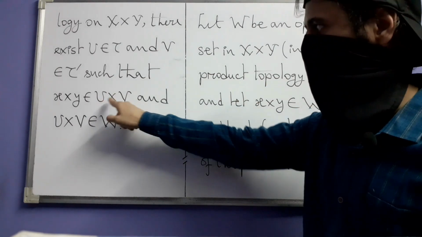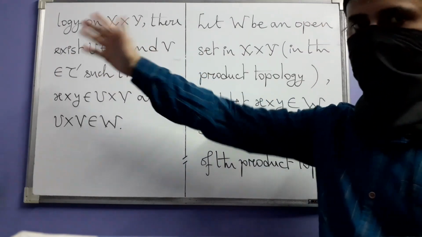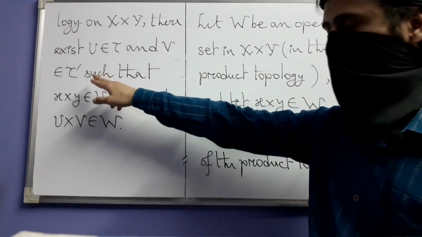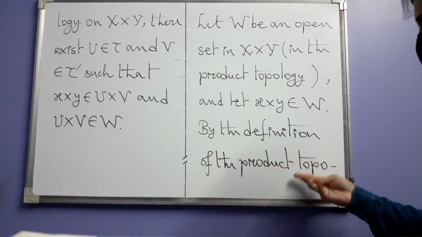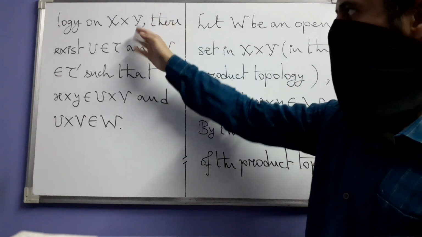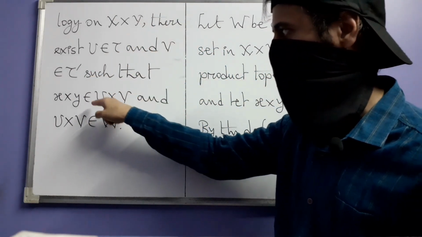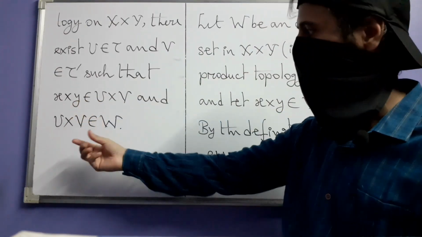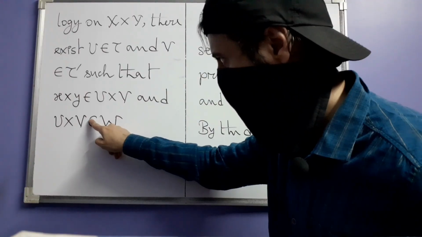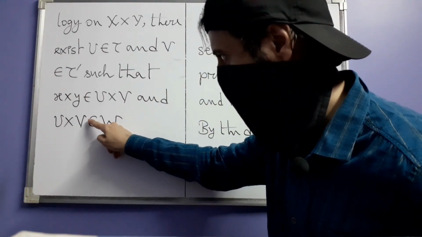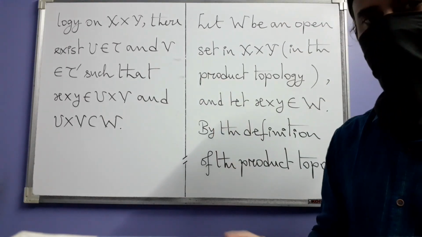It looks like U times V, where U is coming from tau, the topology on X, and V is coming from tau prime, the topology on Y. So by the definition of the product topology on X times Y, there exist U in tau and V in tau prime such that U times V contains the point (x, y) and is contained as a subset in W.